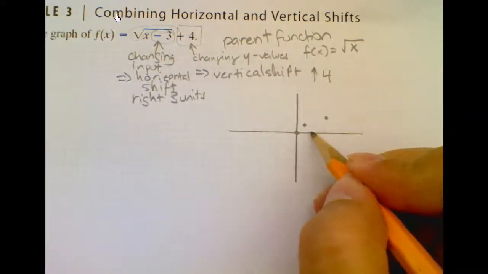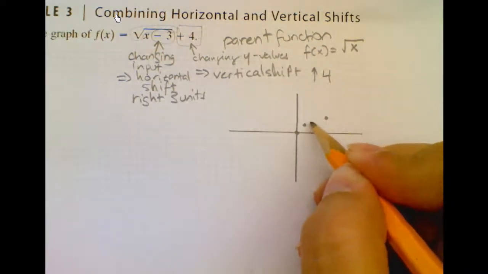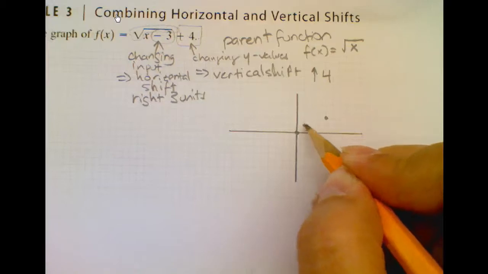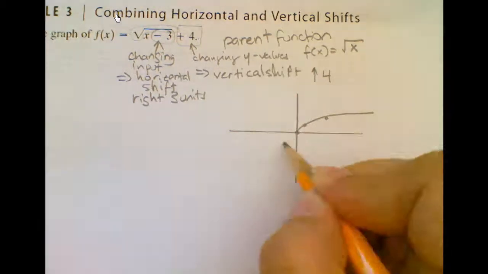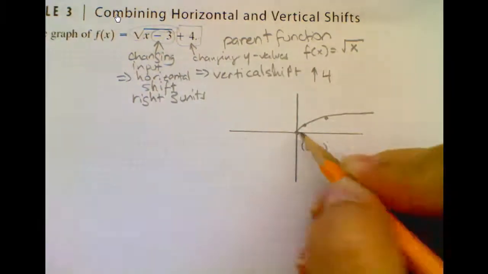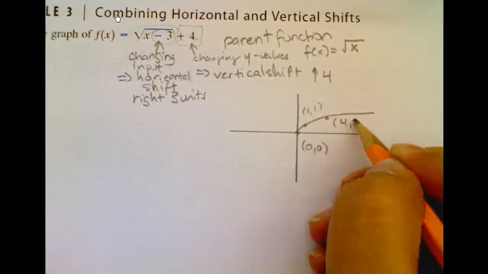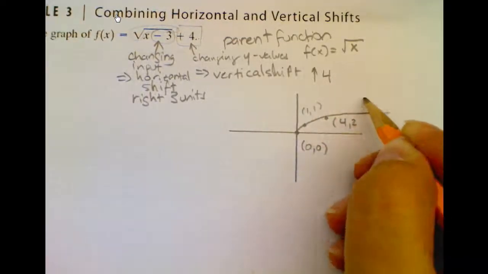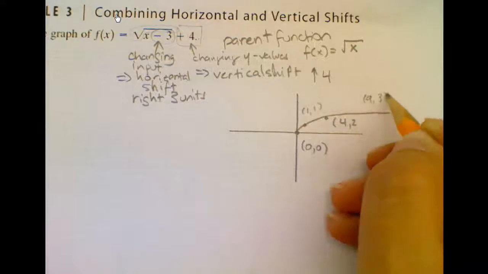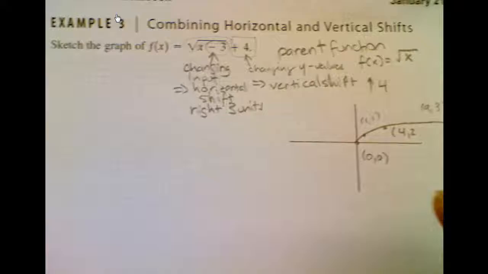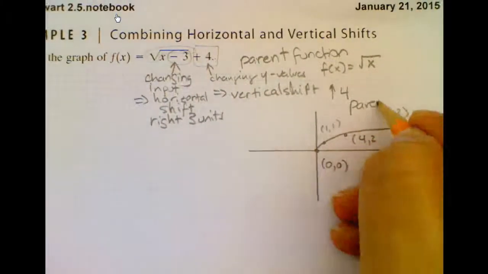I wouldn't graph the 2 because I don't have a number here that is an integer. I'm only going to graph the points that I know, the coordinates of 0, 0, 1, 1, and the 4, 2. I can graph the 9, 3 if space allows to do that. So that's the parent function.